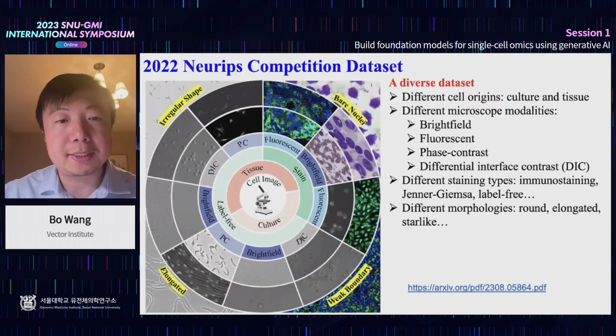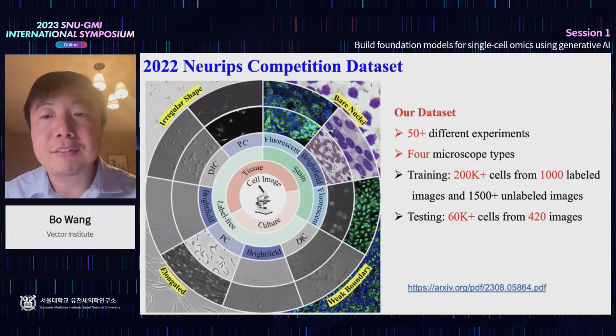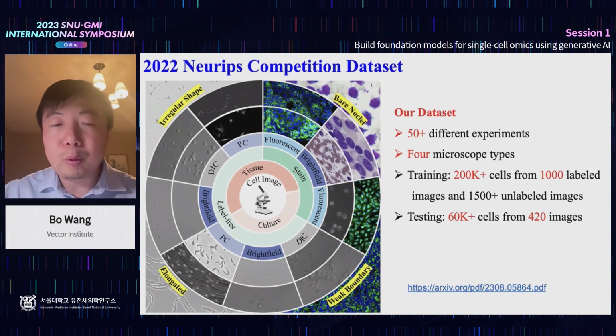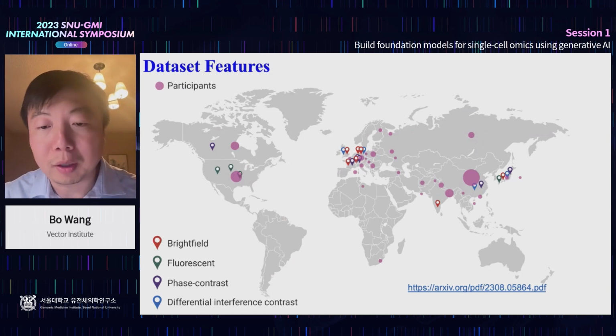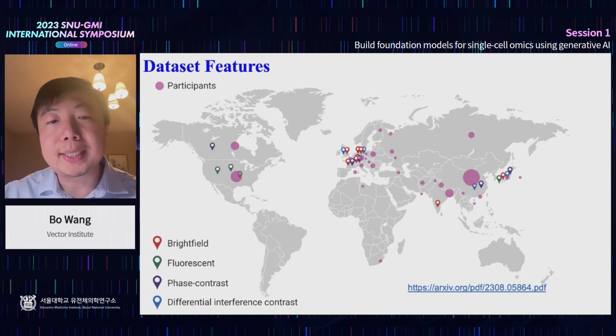Specifically, we collected a very diverse dataset of biological images covering 50 different biological experiments with 4 different microscope types. Overall, in the training dataset we have 200,000 cells, and we hold out 60,000 cells for testing. We received an overwhelming response in participation from all over the world, and we summarize all the results of this challenge in this arXiv paper.